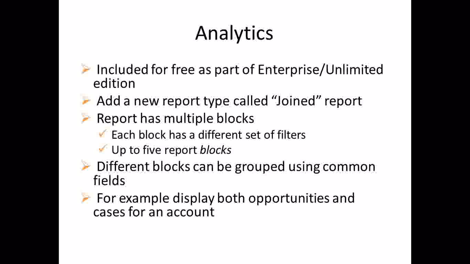For example, if you want to show for one account all the opportunities associated with it, and also all the cases associated with it, those can be shown in a single report, which was not possible earlier. So this is one of the highly anticipated features.